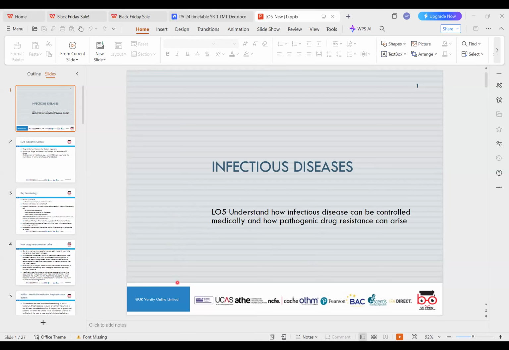An example is tuberculosis. If you take your tuberculosis drugs inappropriately, it creates drug resistance in those pathogens, and then you will have to try other drugs to kill them.